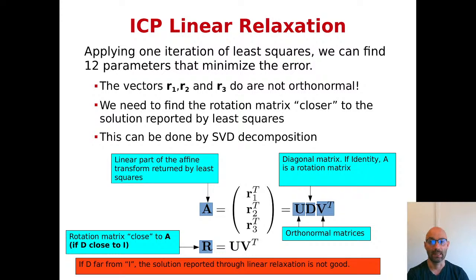But in general, in case of noise, we will not have that R represents a rotation matrix. And so, what can we do? Well, once again, we find basically the closest approximation to a rotation matrix of the matrix which is returned by the solution of least squares in one iteration.